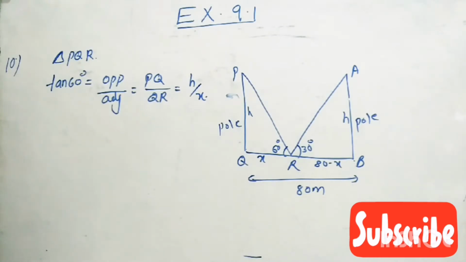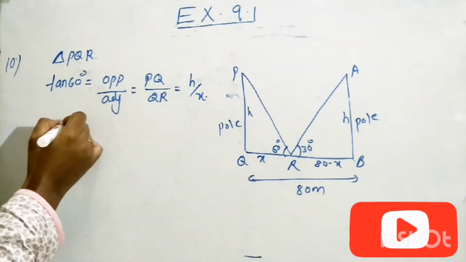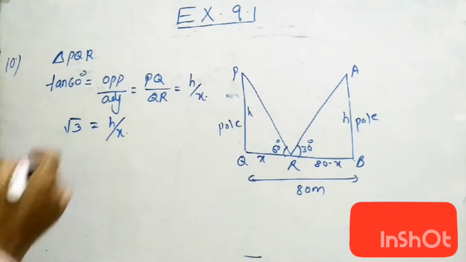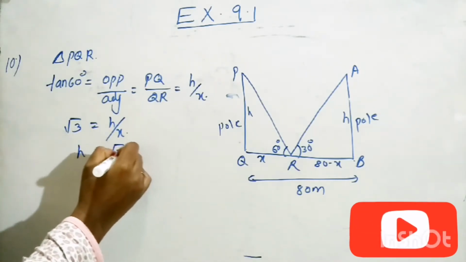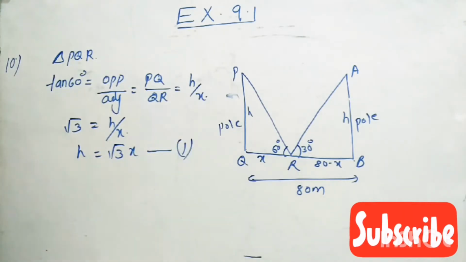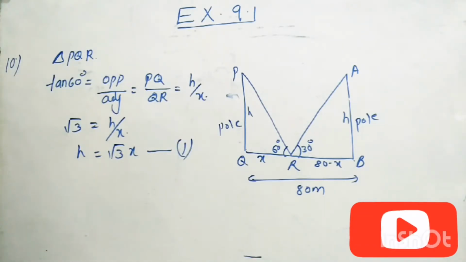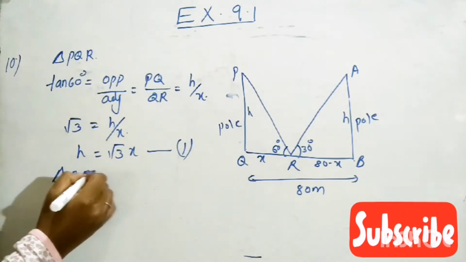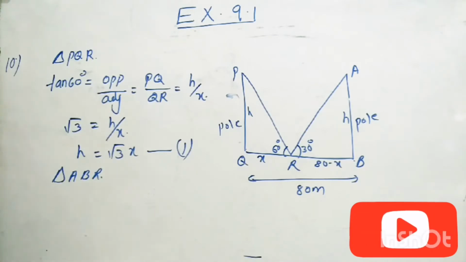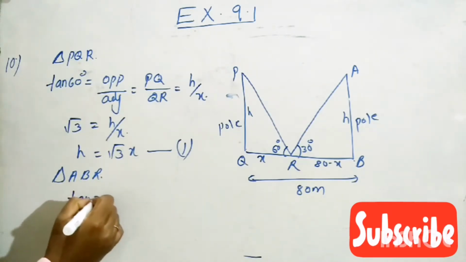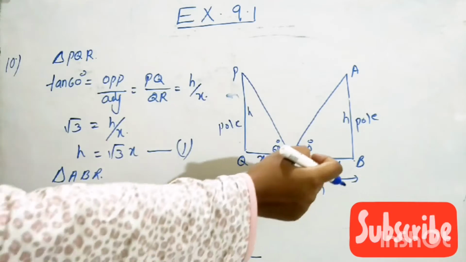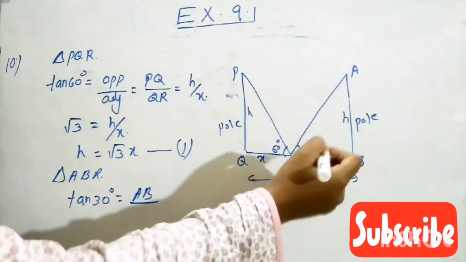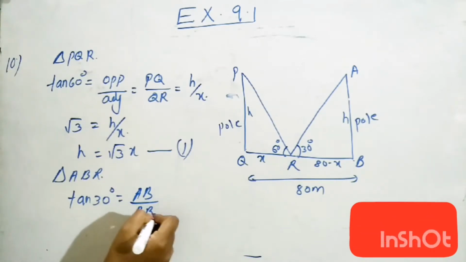And the value of tan 60 degree is root 3. So we will get root 3 is equal to H by X, or H is equal to root 3 X. Put it as equation number 1. Now in the second triangle, that is right triangle ABR, tan 30 degree is equal to the side opposite to the 30 degree, that is AB, over the adjacent side, that is RB.